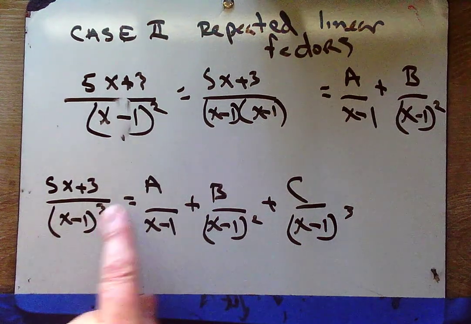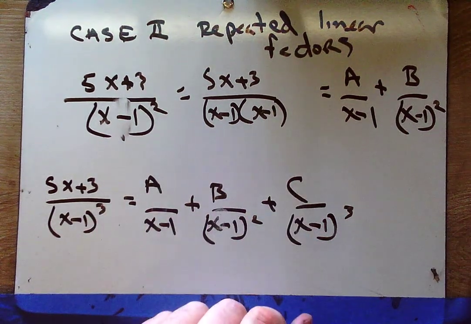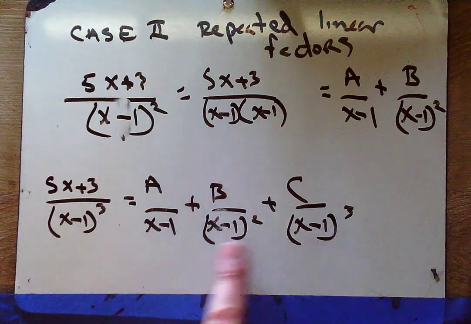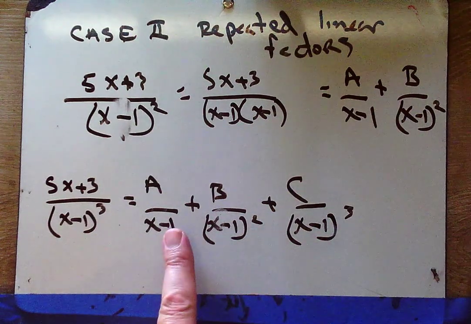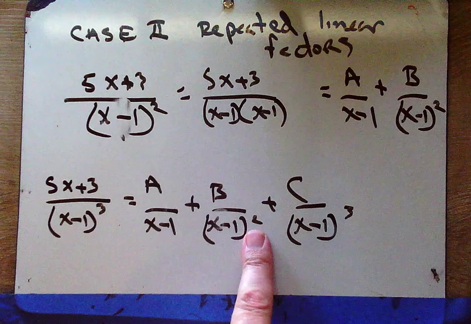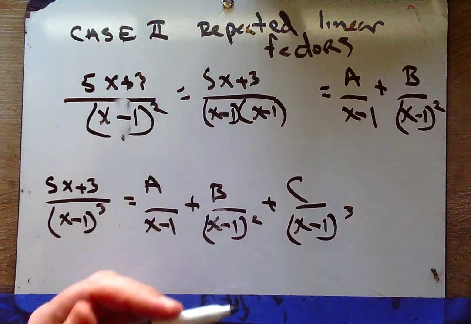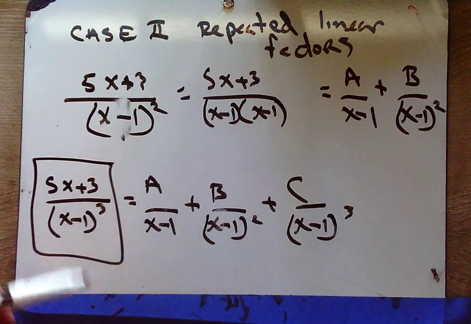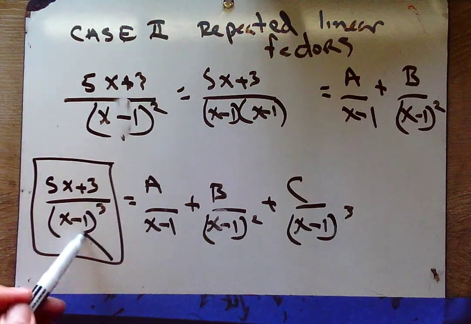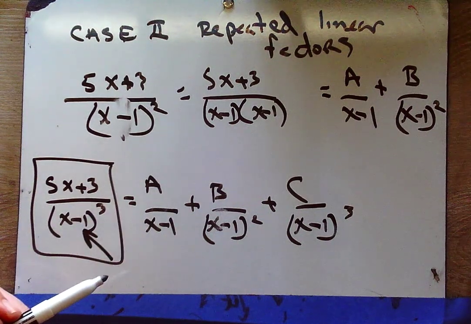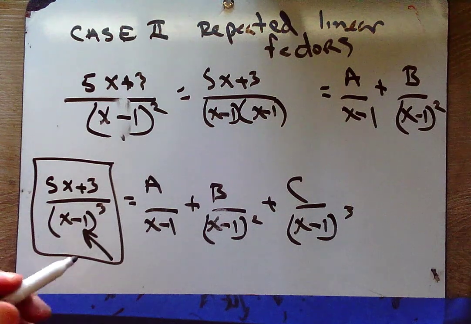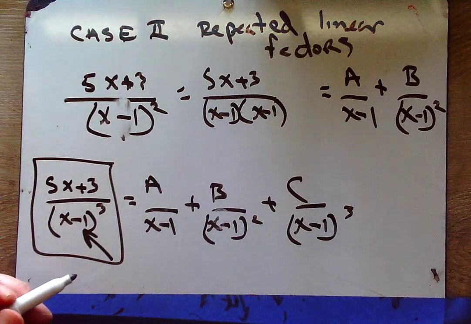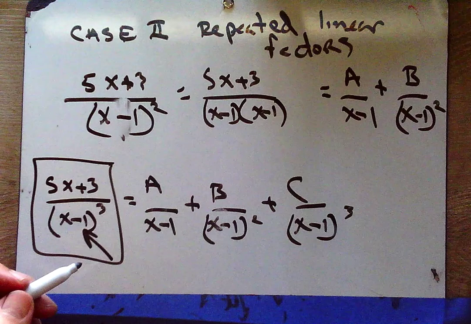Whatever that power is, that's how many fractions I need. And I need to represent all the different power possibilities. First degree, second degree, third degree. Because really, I don't know. I'm trying to make this loaf of bread. I know it's made up of a bunch of types of flour, like enriched white, bleached white, and white flour.